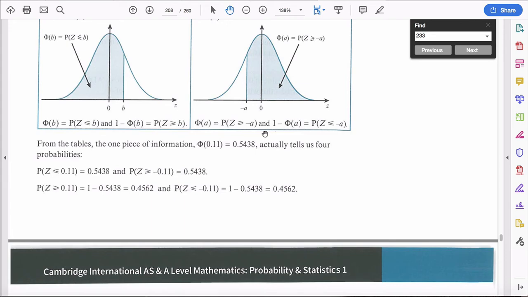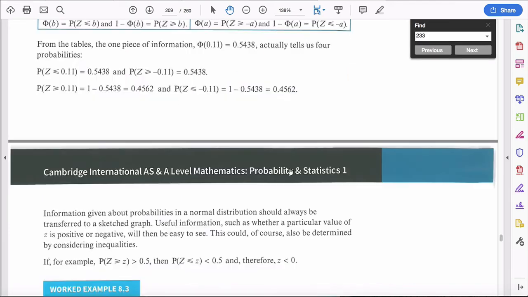I make it positive a, it will be here. This region is exactly identical to this region. What is this region? 1 minus phi of positive a. So you can make a conclusion that phi of a, when a is negative, is equal to 1 minus phi of positive a, I mean in opposite sign.